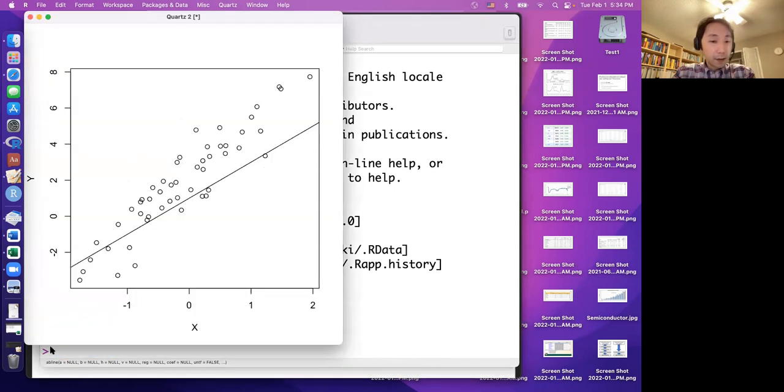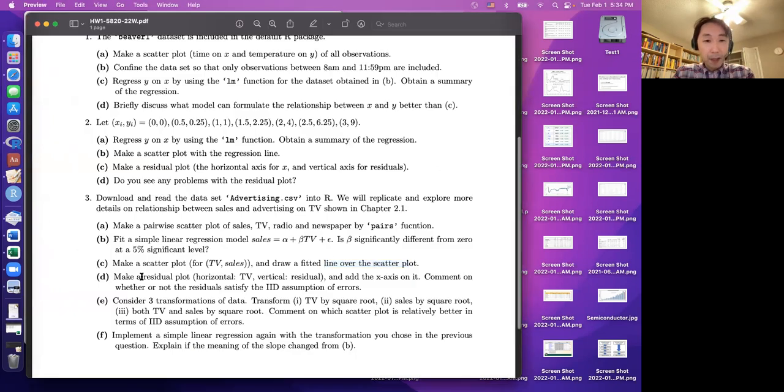Okay, so just a typo. So just the scatter plot. In A, we make the pairwise scatter plot. So we have several scatter plots: TV, radio, newspaper, sales. So we have a 4x4 scatter plot, where the 4 diagonal parts are just blanks.